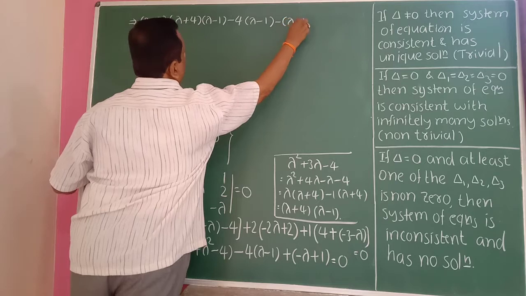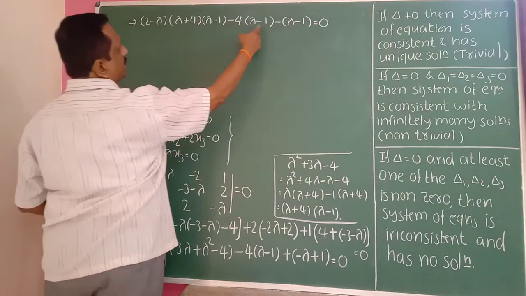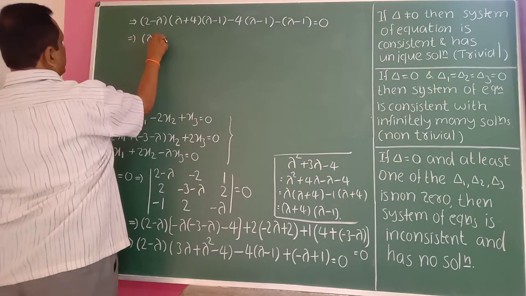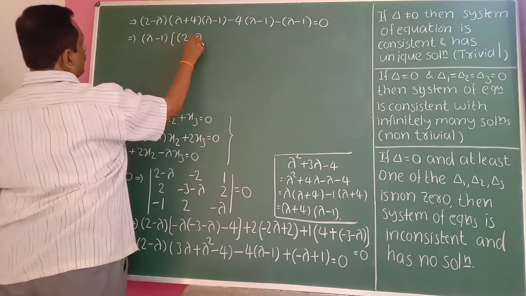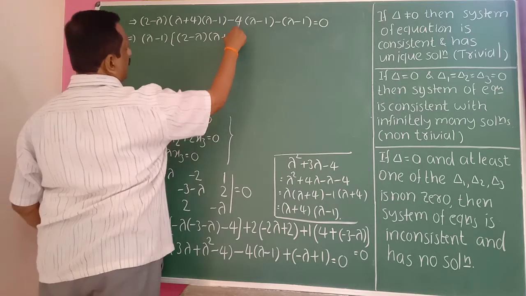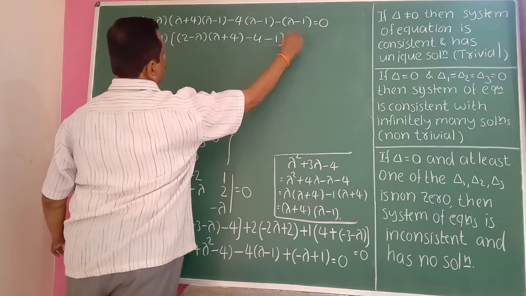So lambda minus 1 is equal to 0. Each term contains lambda minus 1, hence lambda minus 1 keep outside, into bracket 2 minus lambda into lambda plus 4, and here minus of 4 minus 1 is equal to 0.